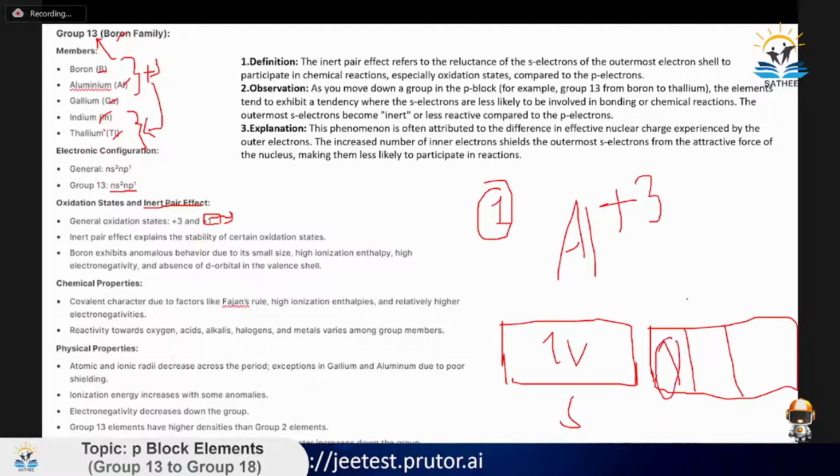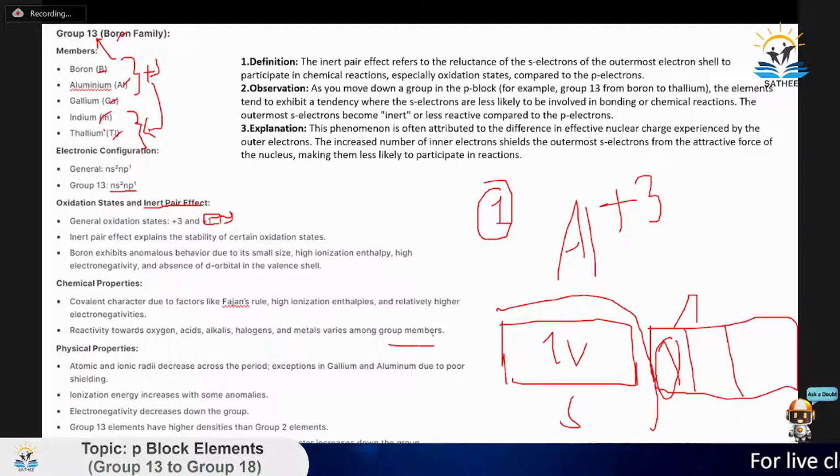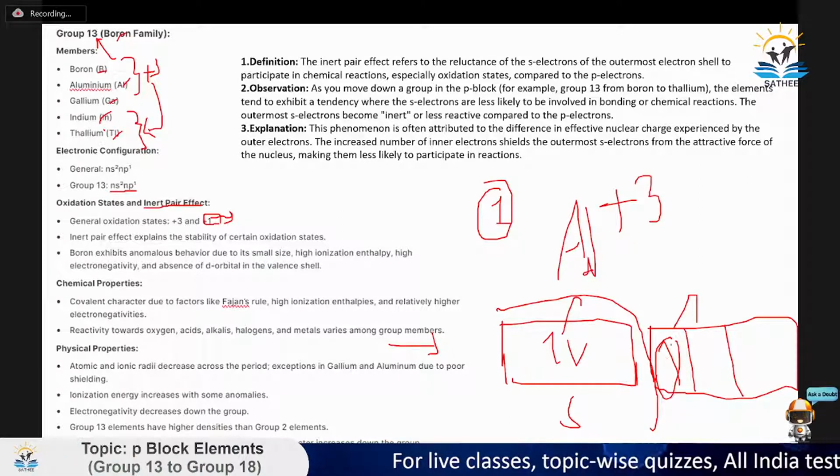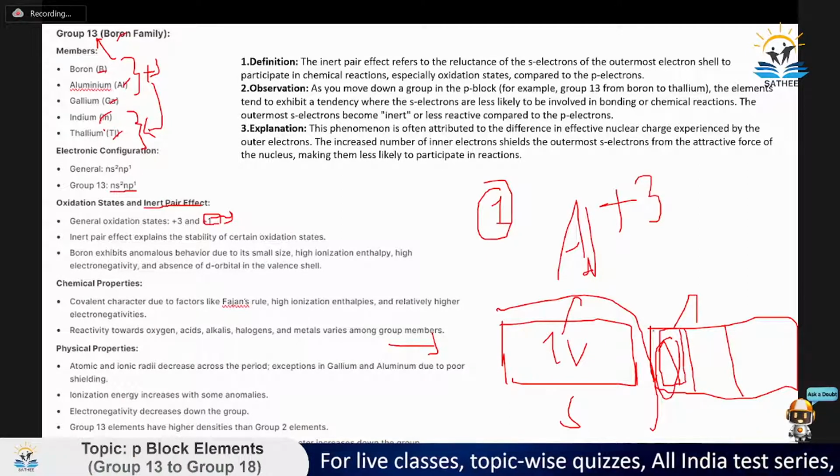This electron goes, but then the s electrons, because there is a mixture of the shielding effect of the electrons and the nucleus also pulling the electrons towards itself, do not participate in reactions. That is why only one electron from the p block is participating, and that is why you see this +1 oxidation state.